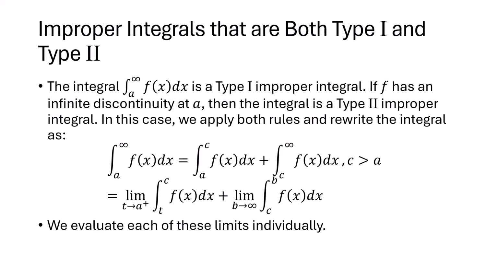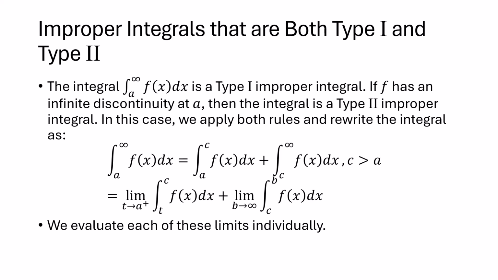And if this is the case, we will apply both of our rules and rewrite the integral from a to infinity of f of x dx as the integral from a to c of f of x dx plus the integral from c to infinity of f of x dx, where c is bigger than a.